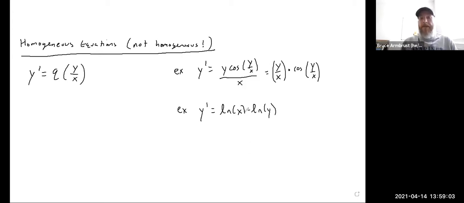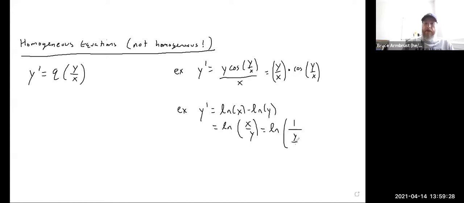Right? Because if you look at this one, it's not obvious that it's a function of y over x. If you combine the logs, you get natural log of x over y, which is closer. But we would actually have to do one more step here to make it a y over x.